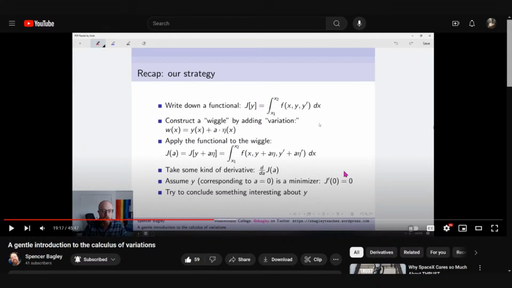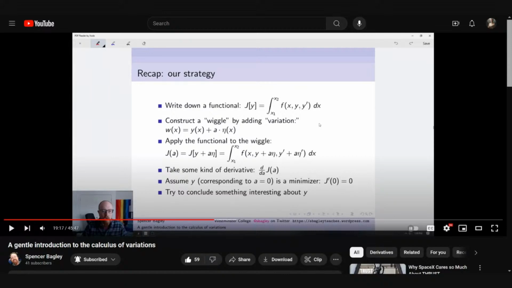This is assume y is a minimizer. It's obvious that when a equals 0, J prime is 0.